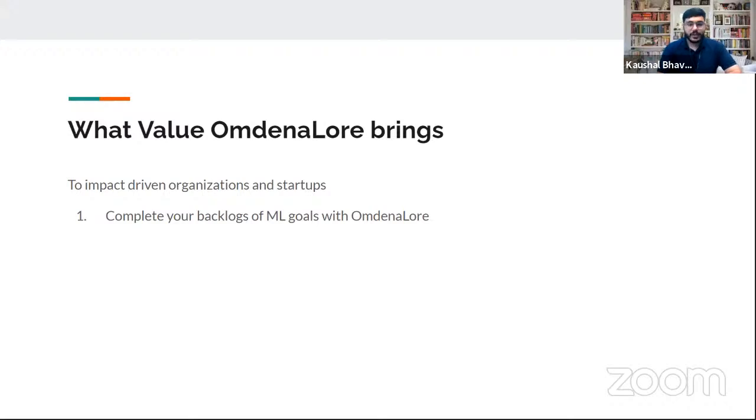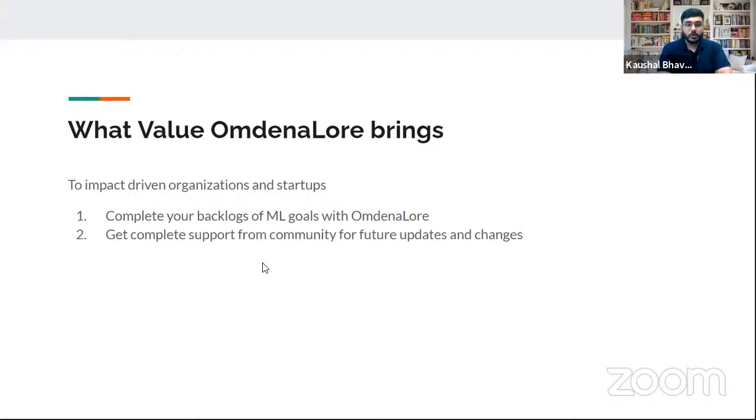As I have mentioned, startups and NGOs usually have limited resources in terms of people and time, which creates a huge list of backlogs in those organizations. What you can do is put those backlogs inside OmdenaLore's issue sections, and the impact-driven community can come to those issues and start solving them, which helps you clear those backlogs as soon as possible.